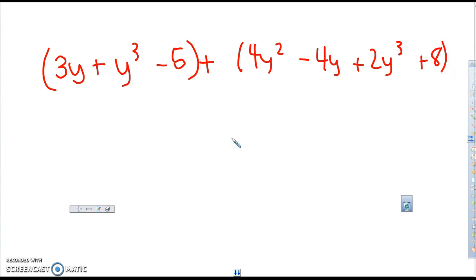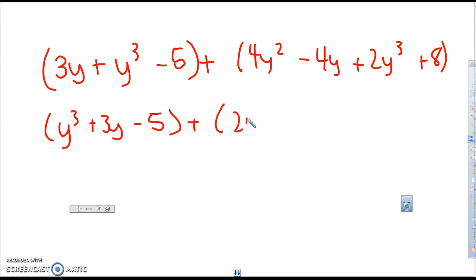So the first thing you're going to want to do is put them in standard form before you add them together. So when I put them in standard form, I will get y cubed plus 3y minus 5 plus 2y cubed plus 4y squared minus 4y plus 8.